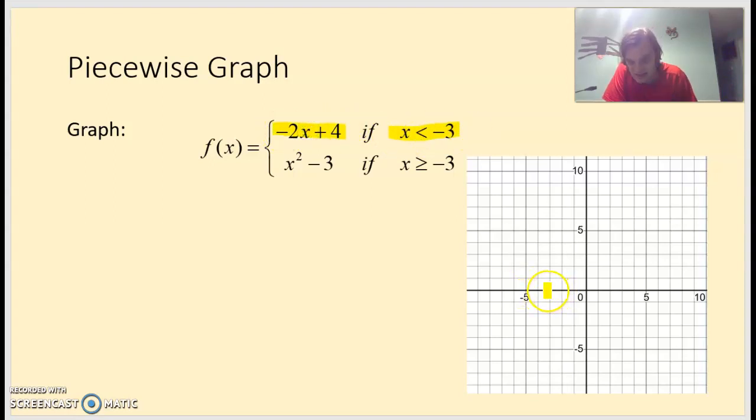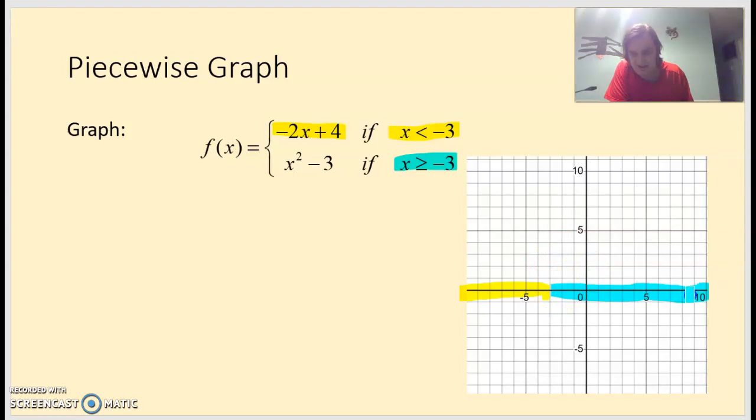So I'm going to come down to the graph and say here's negative 3, and this is the section where x is less than negative 3. I'll put one function in that domain area, and the other one, for when x is greater than or equal to negative 3, will be graphed on the other side.